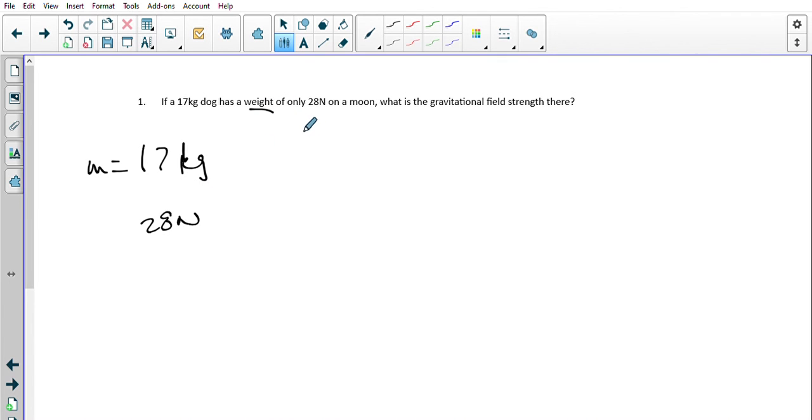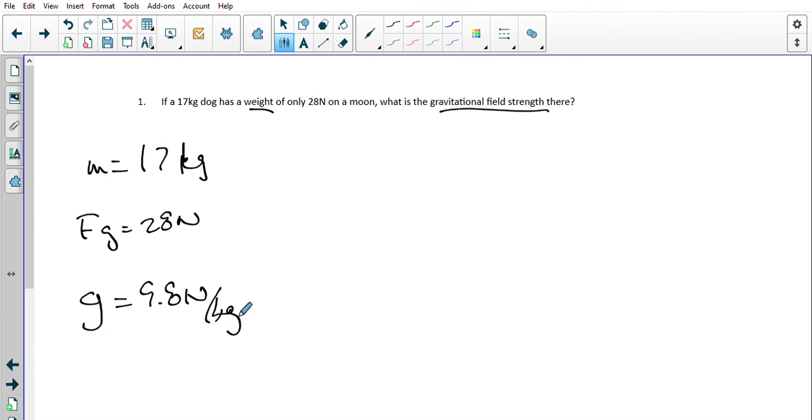Here we talk about a weight on the moon, 28 newtons. That's our force of gravity that's happening on the moon. And so then the question is, what is the gravitational field strength? Well, what symbol is our gravitational field strength? g. Well, isn't that equal to 9.8 newtons per kilogram? That's on the Earth. And are we on the Earth anymore? No, we are on the moon.